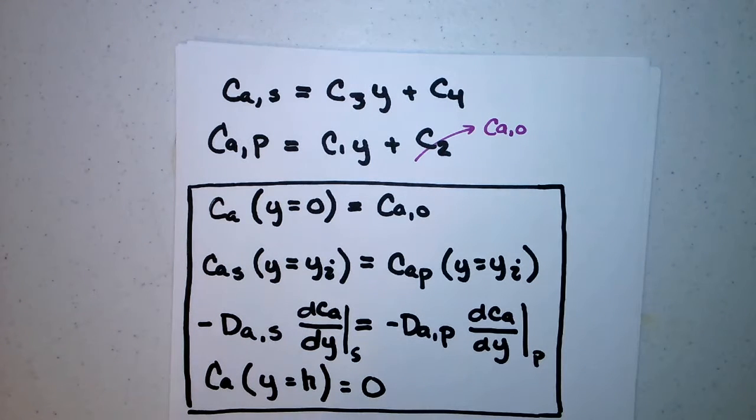So we'll plug C1 back in to find the concentration through the Pyrex, or how that concentration changes through the Pyrex as we move along in Y. And we'll plug C3 and C4 back into the second profile. And what we'll have is a piecewise function that describes the concentration of helium as it's diffusing through these materials.